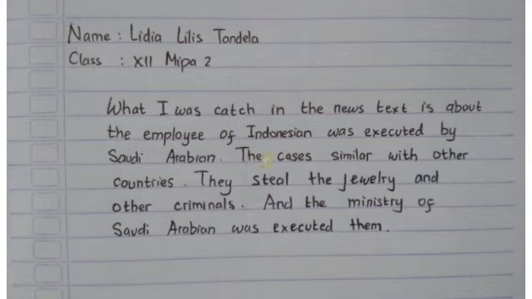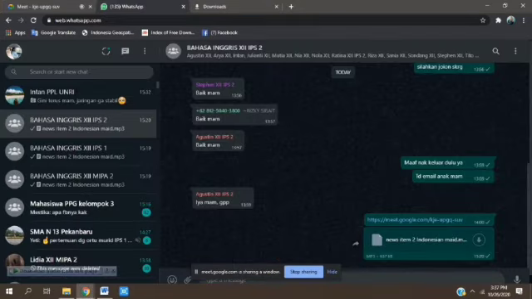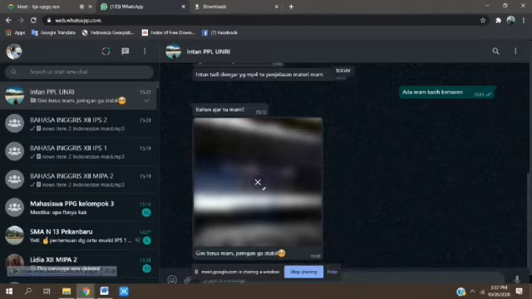The case is similar with other countries. They steal the jewelry and other crimes. And the Ministry of Saudi Arabian executed them. And how about Dionysia? You are the listener.